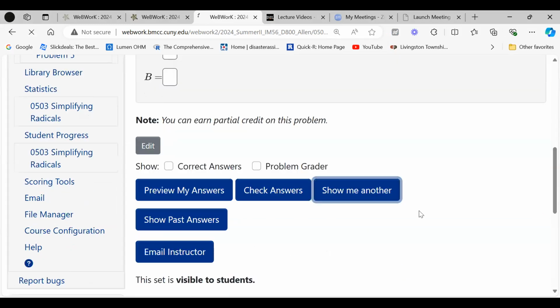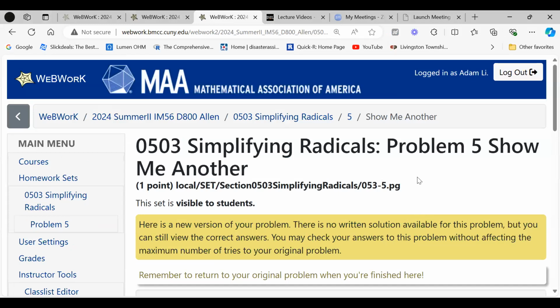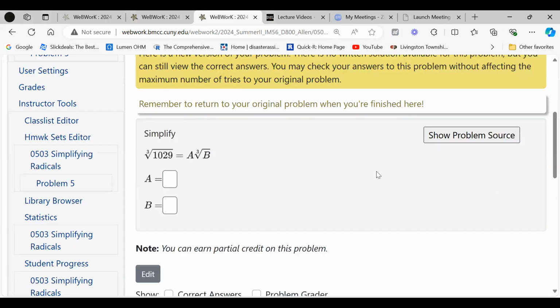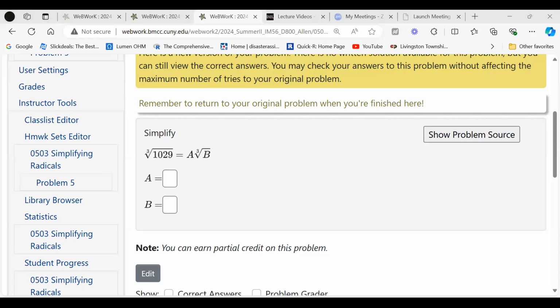T6, no. Let's try, yeah, 1029. That looks fun. Okay, try this one, guys, and we'll talk about it in a second.